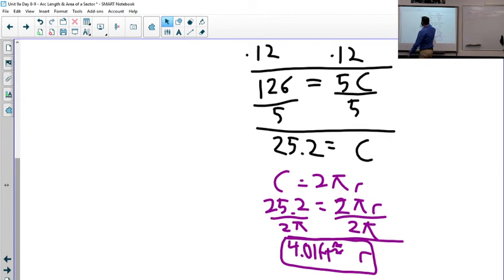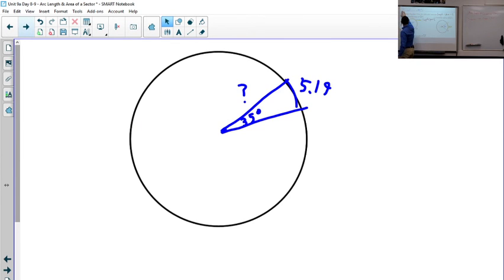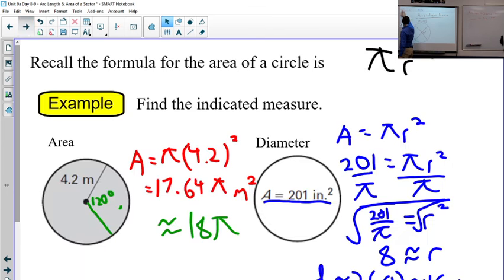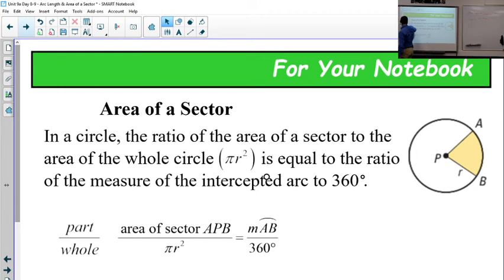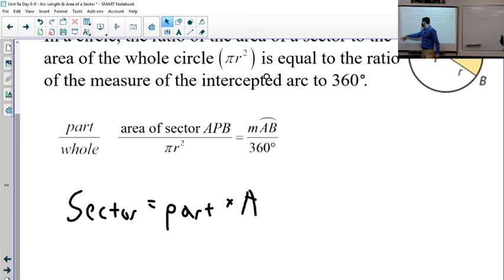And then I just want to remind you of how the area works. So area of a sector, remember, is going to be tied to area of the circle. So when we do our units, it's going to be in feet squared, inches squared, centimeters squared, all of those.